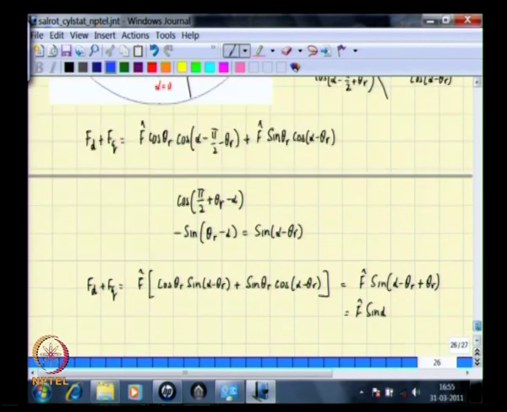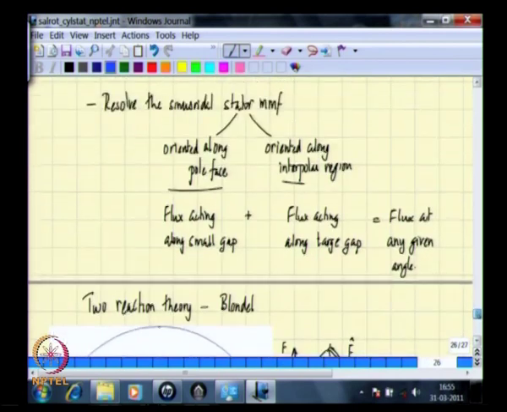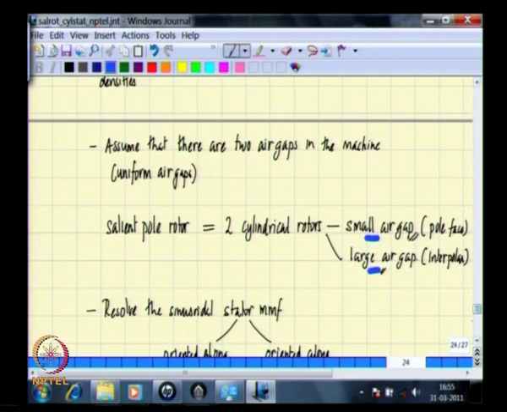If we look back, what we have said is that the machine with the salient pole rotor can now be thought of as a machine with two cylindrical rotors.